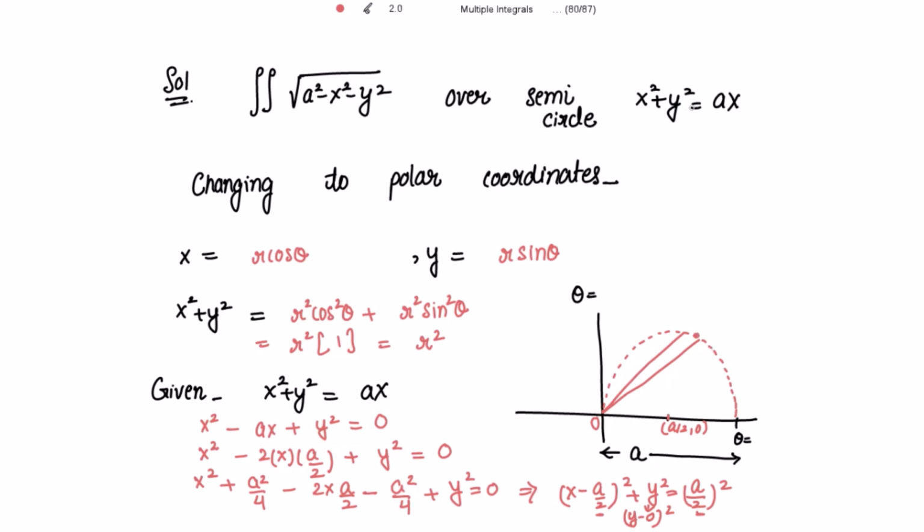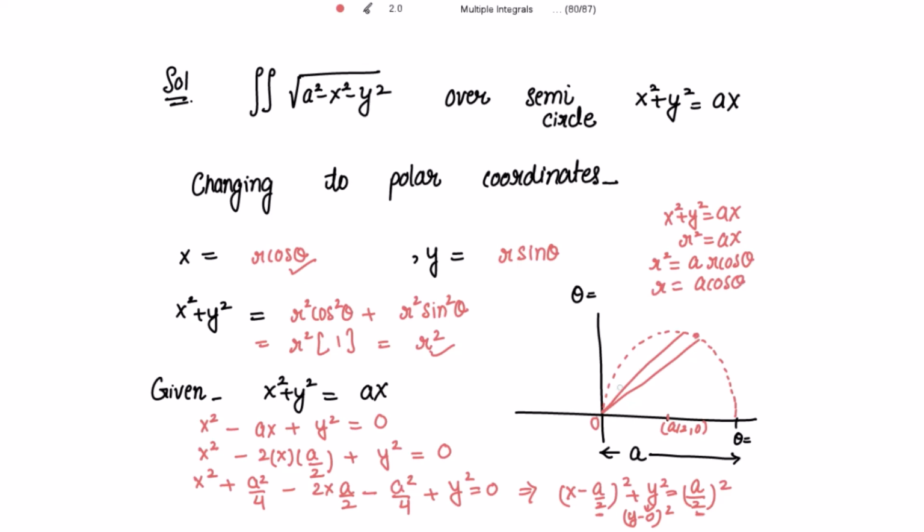It is x square plus y square equal to ax. I know that x square plus y square is r square, and this is equal to ax, which means r square is equal to a times r cos theta. So from here you get r is equal to a cos theta.